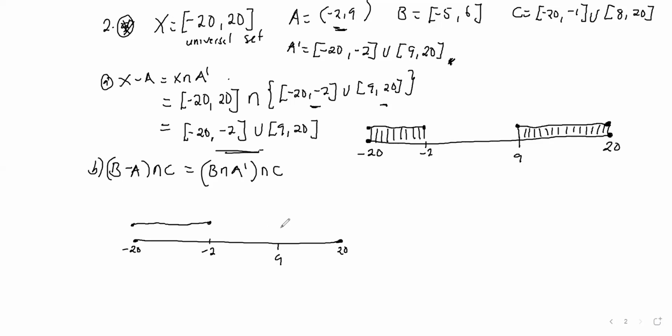Then you run from 9 all the way up to there. That's A complement. Then now I bring in B. So B is from -5, included, all the way up to 6.